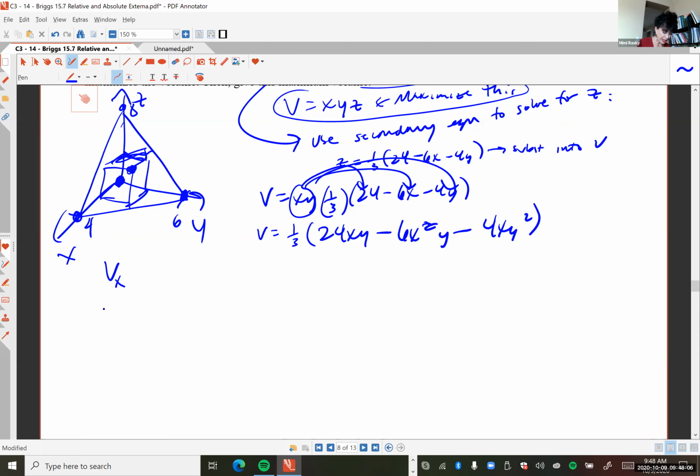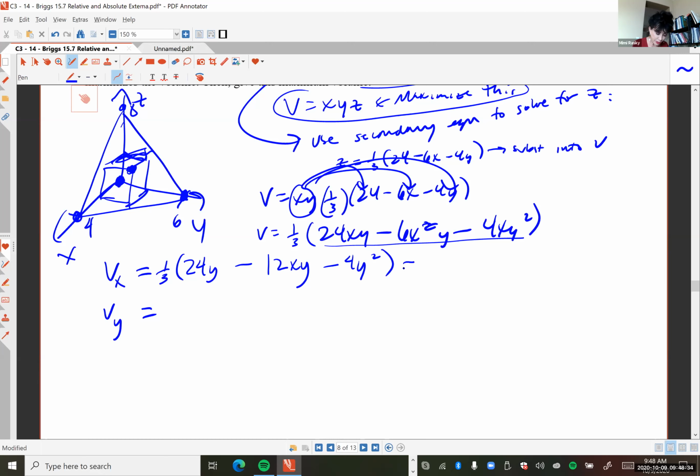So I need to get Vx and Vy, and then I'll simultaneously set those to 0 and try to solve the nonlinear system. Okay. So the 1/3 is a constant multiple, so copy it down, and then the derivative of this huge expression with respect to x is 24y minus 12xy minus 4y squared.